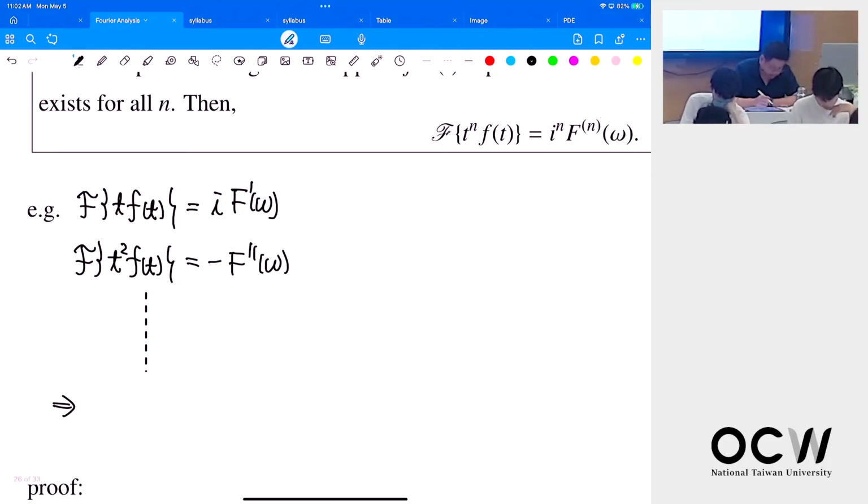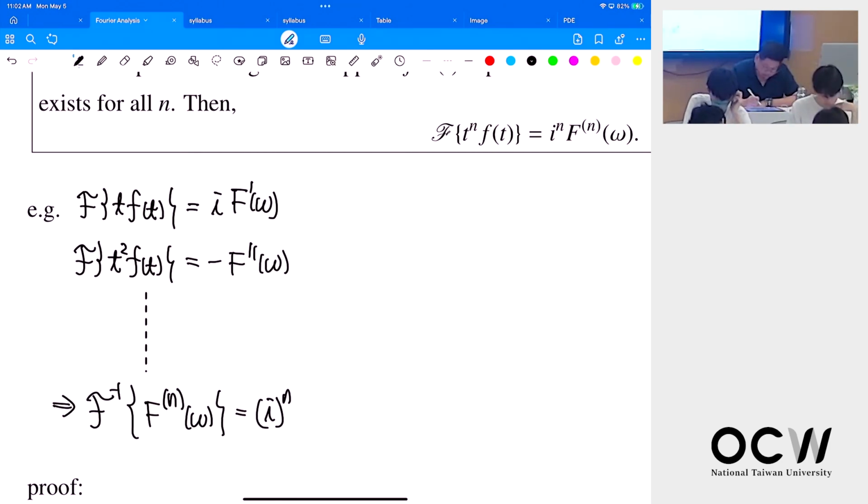So that means if I take the inverse Fourier transform of your nth derivative in the frequency domain, that will be i to the n times, and also t to the n times your original signal or function.